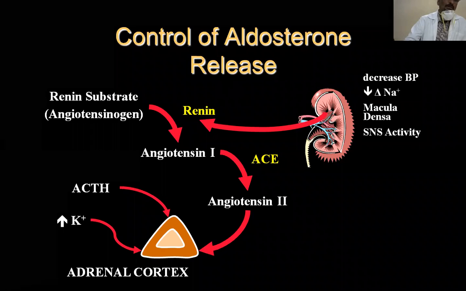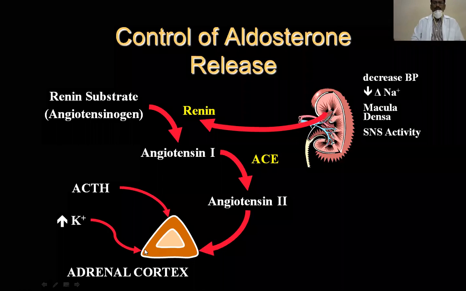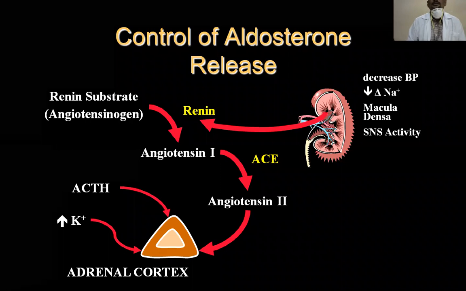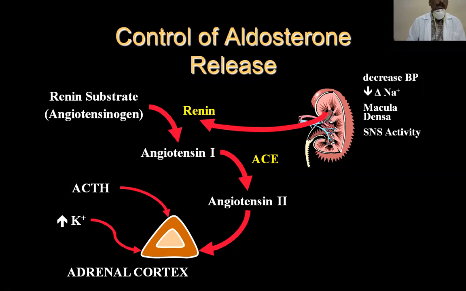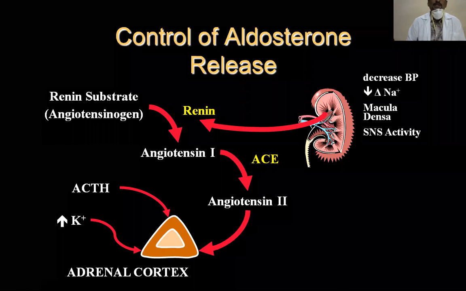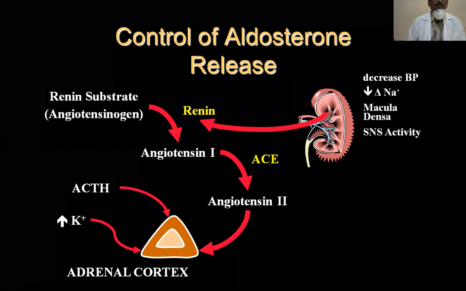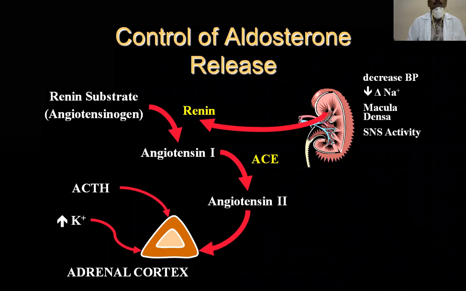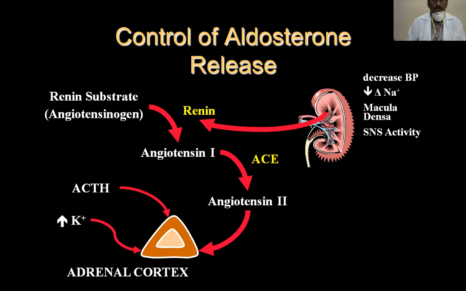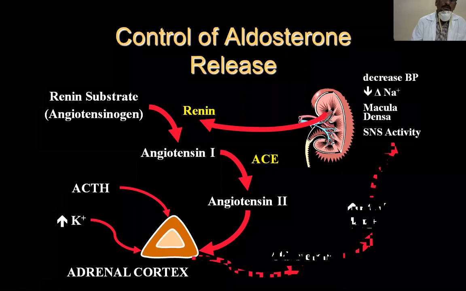So this is the mechanism by which potassium brings about the release of aldosterone by causing membrane depolarization. This depolarization leads to opening of voltage-gated calcium channels, and this entry of calcium and increased calcium level within the cell brings about the release of the hormone aldosterone. That is the stimulant by which it is stimulated.